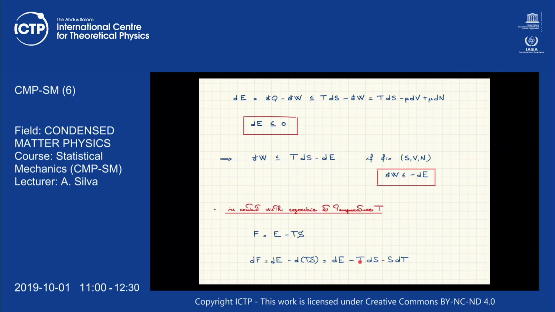That will cancel with this one, and therefore what will remain is minus S dT minus P dV plus mu dN. So by subtracting this term, I achieve the fact that I'm changing variables from entropy to temperature. Great. Now, this little object here has a name, it is called Helmholtz free energy.